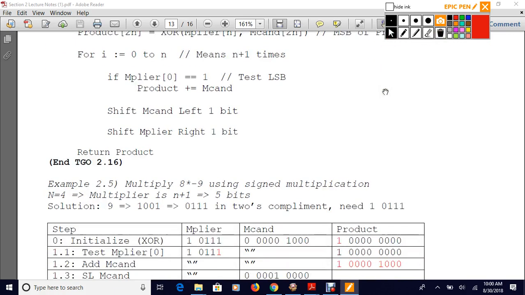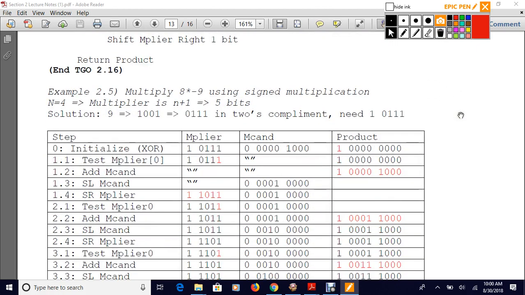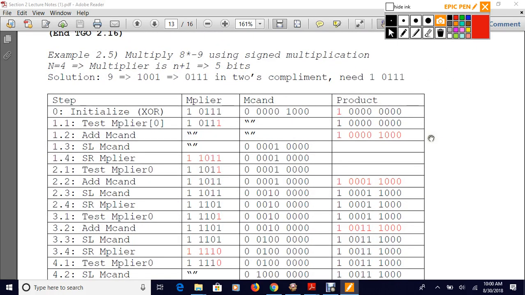All right. So in this specific case, what we're doing is we're multiplying 8 times -9 using signed multiplication. So you are permitted to assume that n equals 4. You obviously don't have to do 32 iterations on an exam. Also, and I want to emphasize this, you notice all the things I've written in red, and you'll be able to see this even better on the video after lecture.